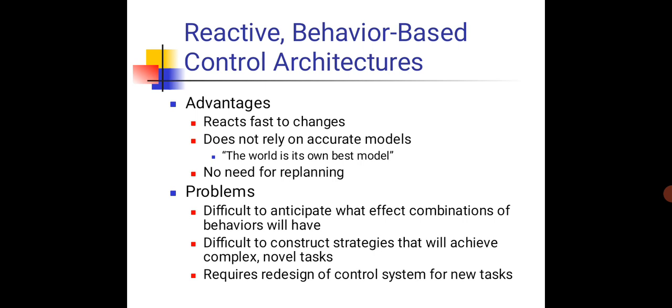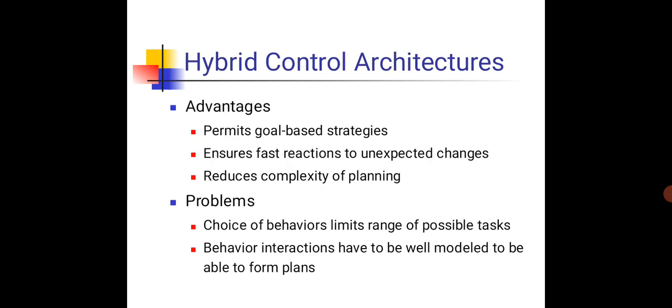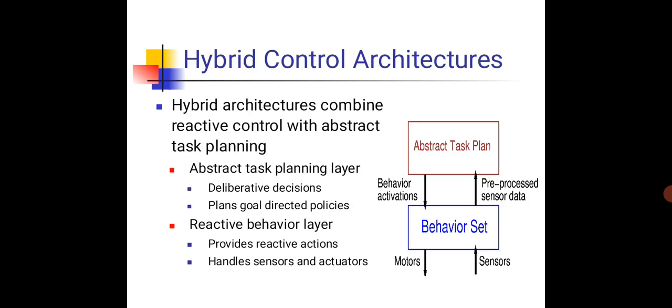But the problems are that it is difficult to anticipate what effect combinations of behaviors will have, and it is difficult to construct strategies to achieve a complex or novel task, and it requires a redesign of the control system. Suppose I give a new task, or the robot has to perform a new task.